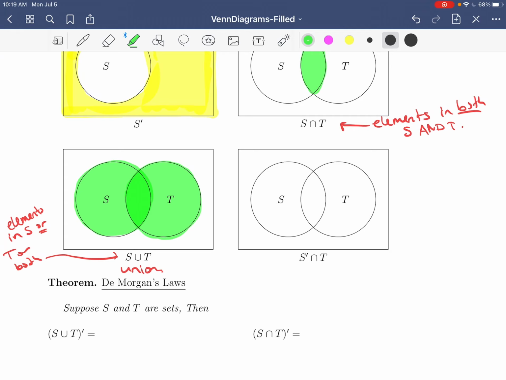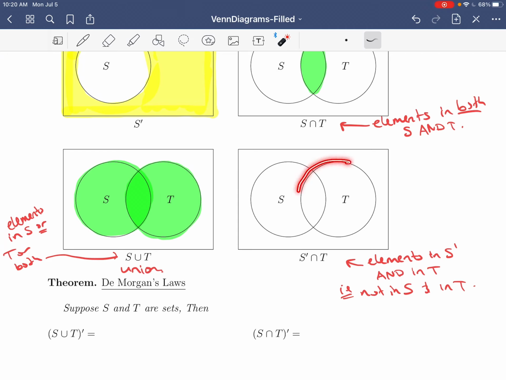Okay, slightly more challenging one. Maybe I'll switch back to yellow. So here, I want elements in S complement and in T. So that means they're not in S and they're in T. In T means that they have to be in this circle, and it's an and. It's an intersection.